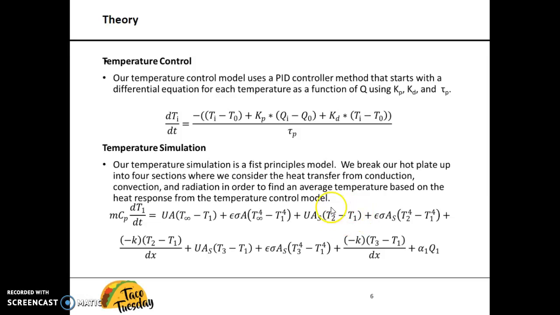This third term is convection from the second cell to the first cell, radiation from the second cell to the first cell, and then we have conduction, convection, and radiation from the third cell to the first cell as well. And so we modeled that between each of the 4 cells to give us proper readings on their temperatures.